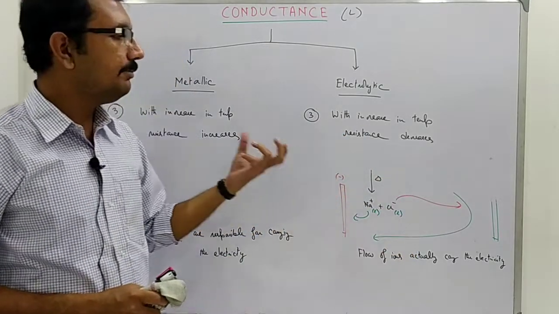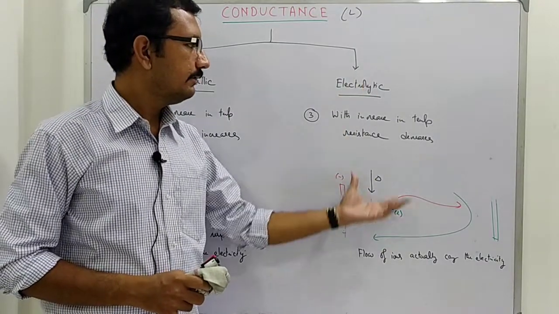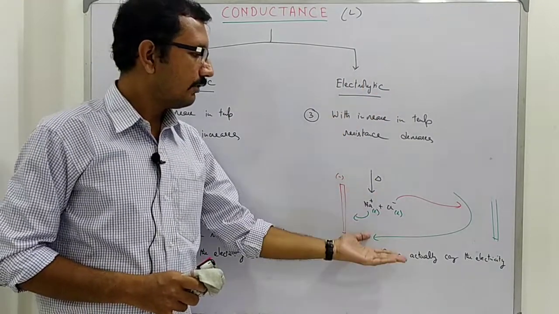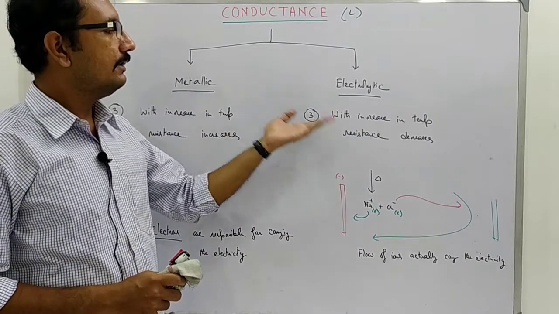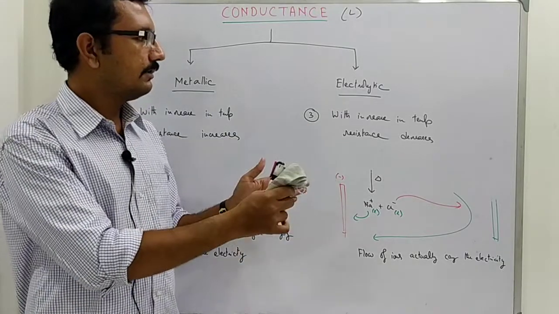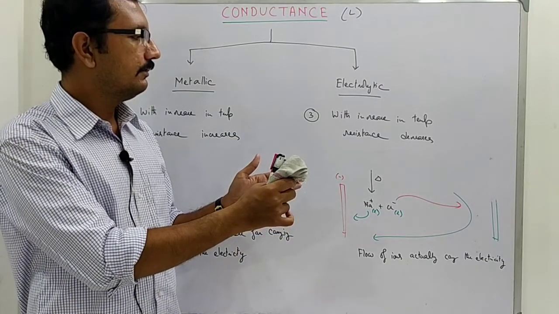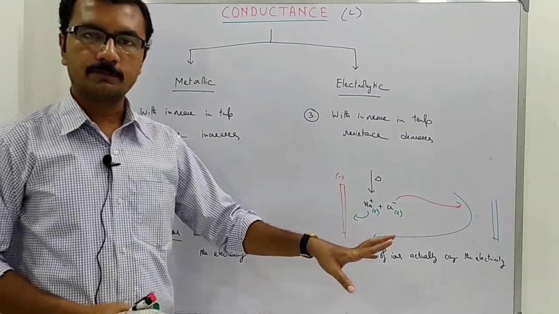Now, how will we measure it? If we deal with such conductors, then we have to measure the conductance, and if we know the length and area of the conductors, then we will be able to determine the specific conductance also.